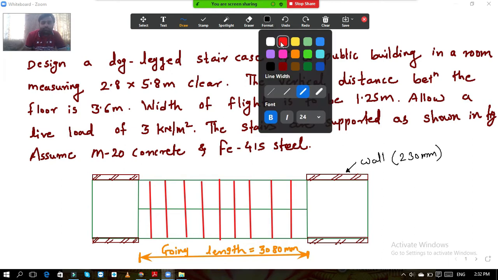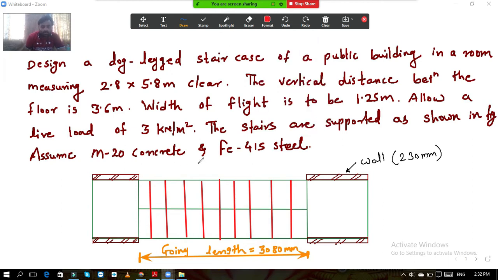Now this is 3.08 meter. Now what is the total length? It is 5.8 meter. This total is 5.8 meter from this point here to this end point here. This total distance they have given us as 5.8 meter.